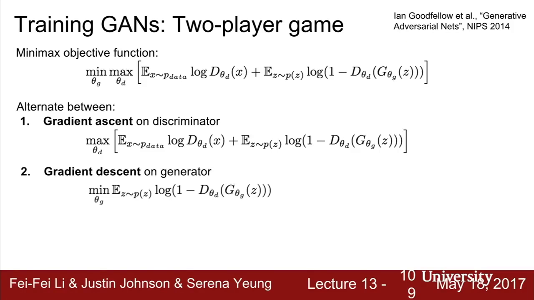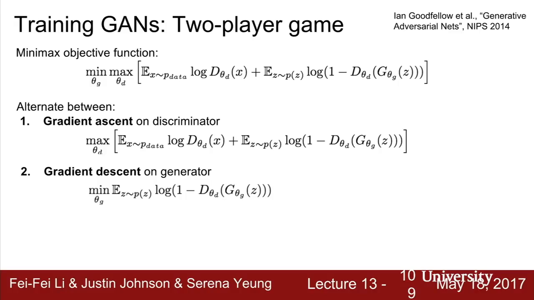Okay, so in order to train this, we're going to alternate between gradient ascent on our discriminator, learning theta d that maximizes this objective, and then gradient descent on the generator. So taking gradient descent on these parameters theta g, such that we're minimizing this objective.